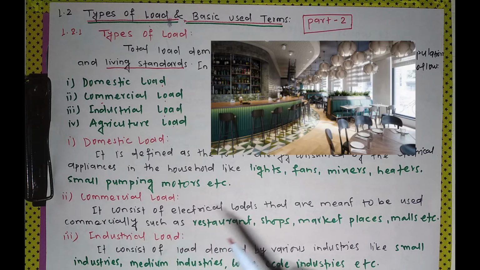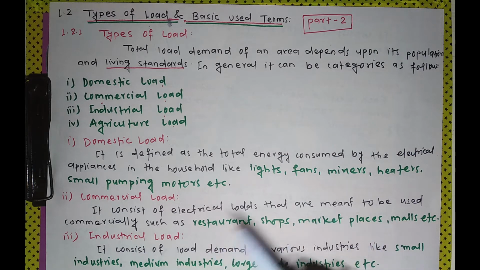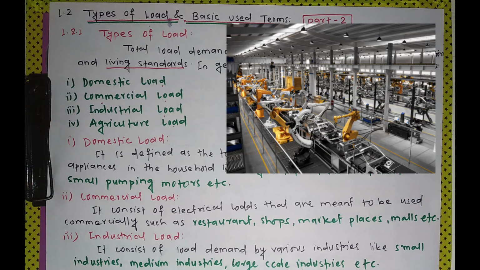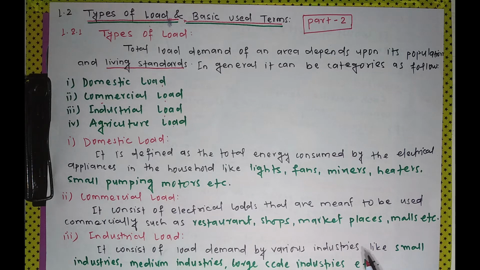Like in a restaurant, what electrical appliances or loads are used in restaurants, shops, marketplaces, offices, etc. Now industrial load. The industrial load itself says its meaning: the loads that are used in industry. It consists of the load demand by the various industries like small industry, medium industries, large scale industries, cottage industry, or many others.